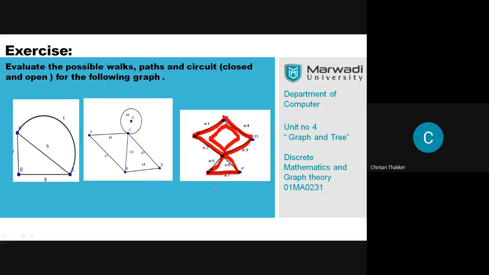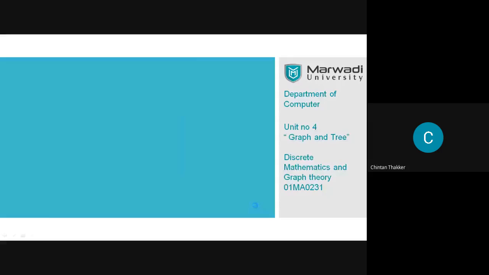And a circuit is a closed walk in which, except for the first and last vertex, no vertex is repeated. Okay.